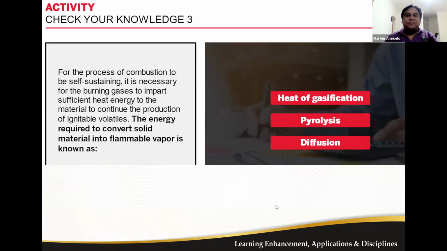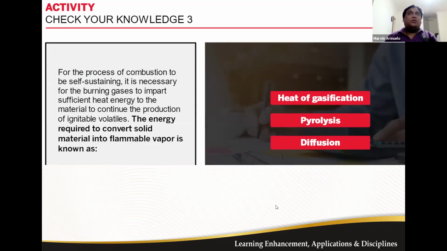Okay, let us see another question. For the process of combustion to be self-sustaining, it is necessary for the burning gas to impart sufficient heat energy to the material to continue the production of ignitable volatiles.